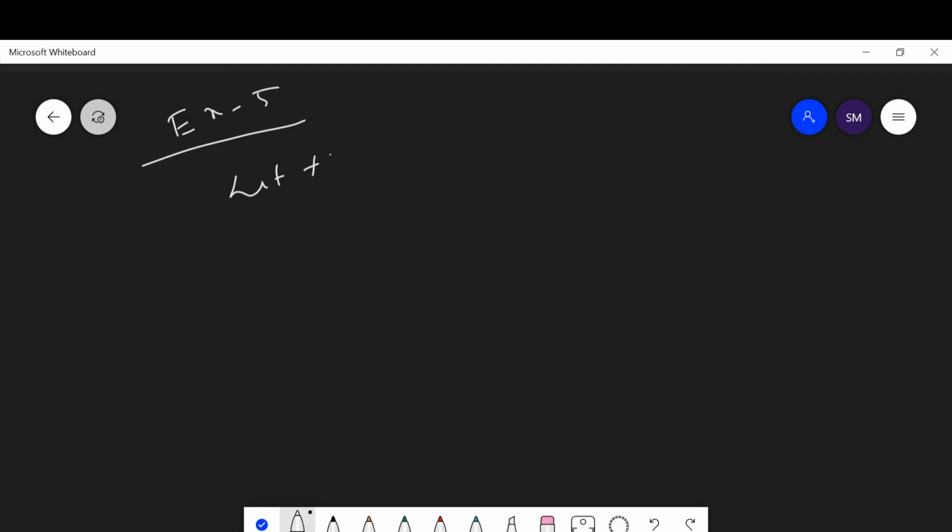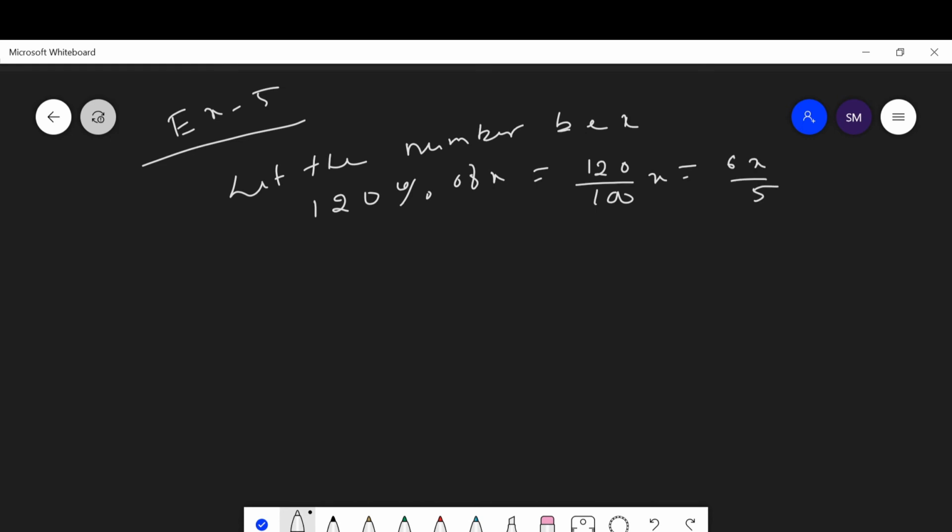Let the number be x, and it is increased by 20%, which means 120% of x, equal to 120 upon 100 into x, which is equal to 6x upon 5.